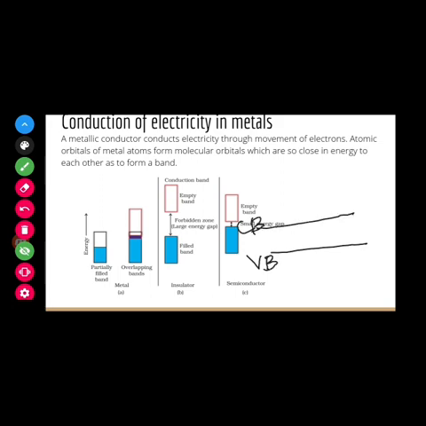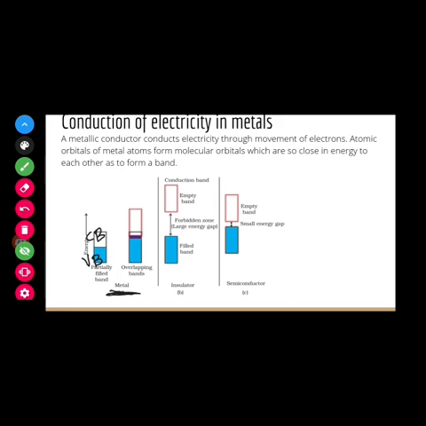The energy gap, the distance between valence band and conduction band, decides whether it's a metal, insulator, or a semiconductor. Now in case of metal, this will be your valence band and this will be your conduction band.